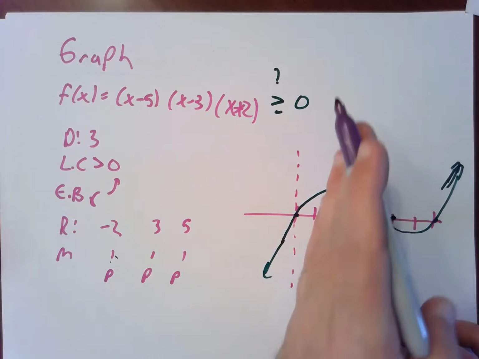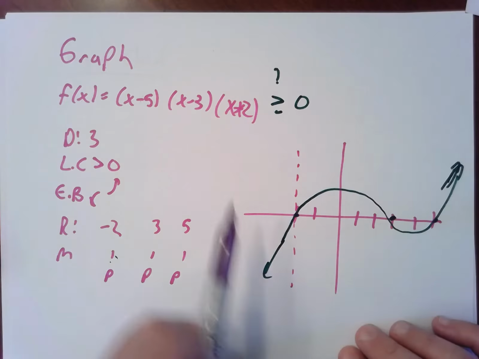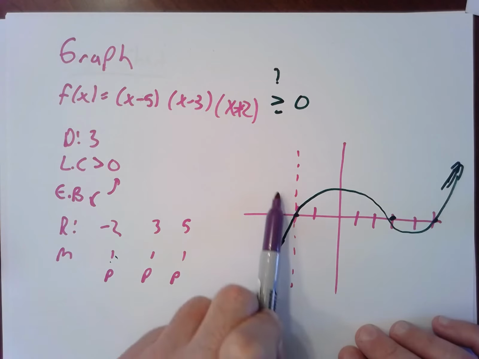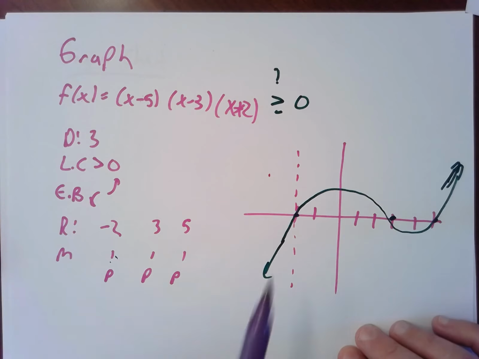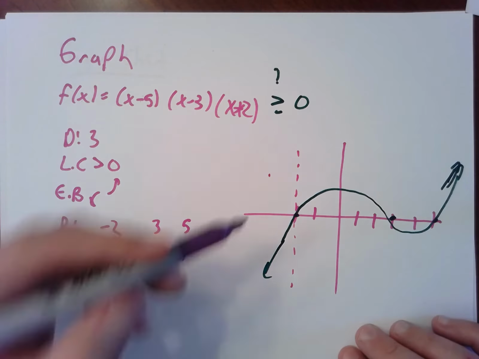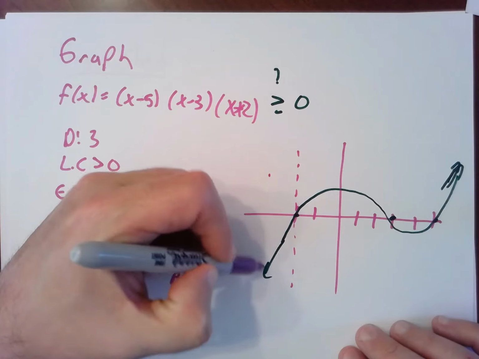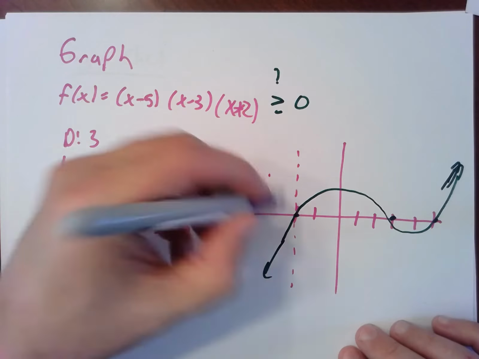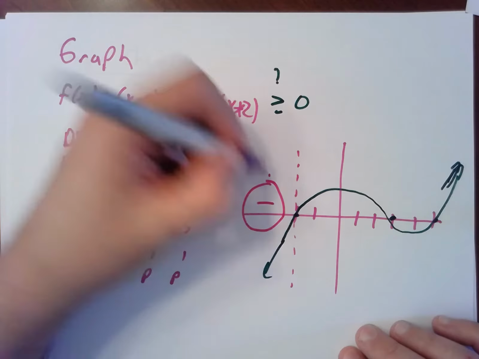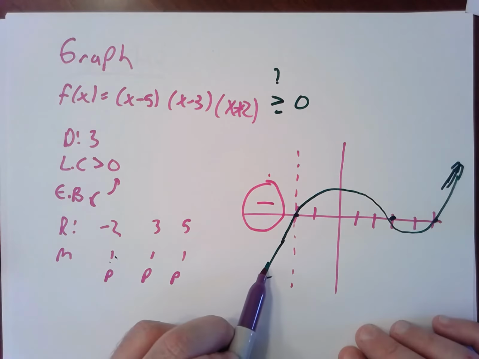In this region back here, below -2, is the graph positive or negative? We're thinking vertically here. These are negative y values. So all of this back here has negative graph.